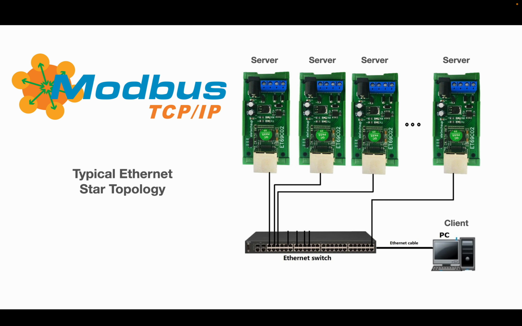Here's a typical architecture, which is the standard Ethernet star topology, where we got a switch or a hub, and we have various devices connected in a star formation to the switch and the hub. So you notice here that we tend to have multiple servers, and we tend to have one, could be more, but normally one client.